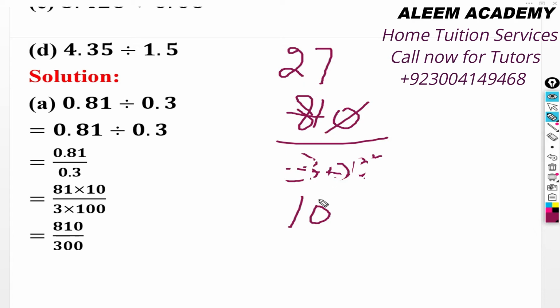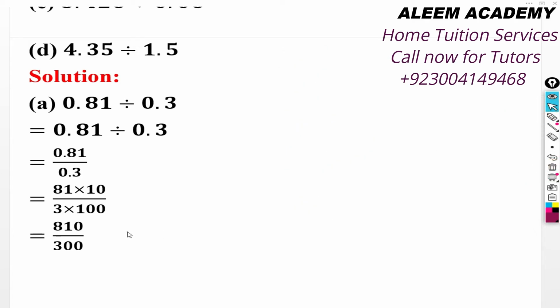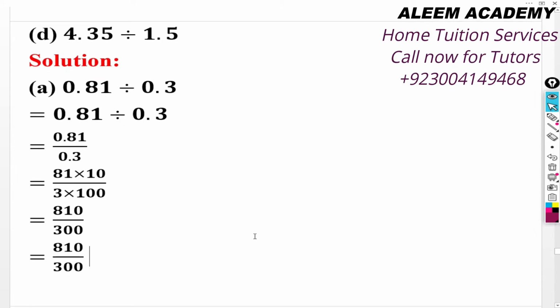So the answer is 27 over 10. But your question is in decimal form, so you have to write down your answer in decimal form.